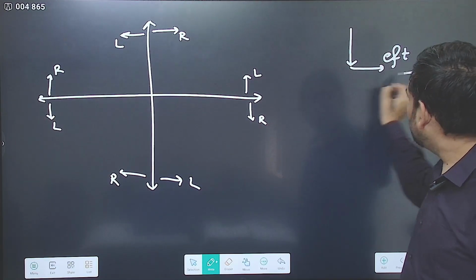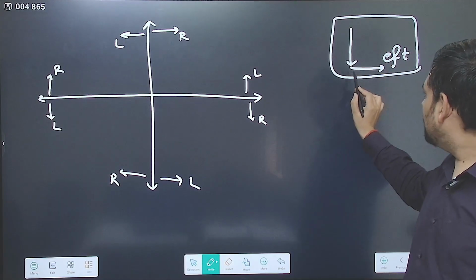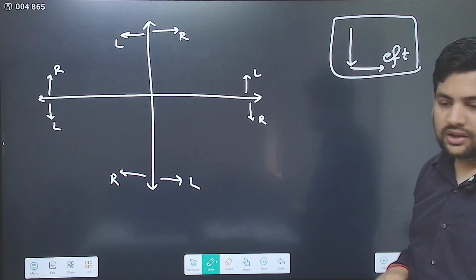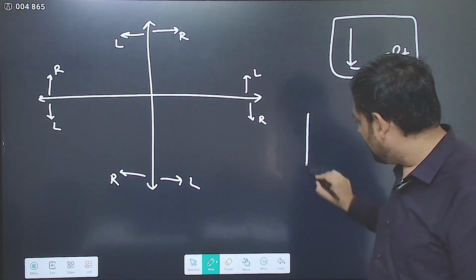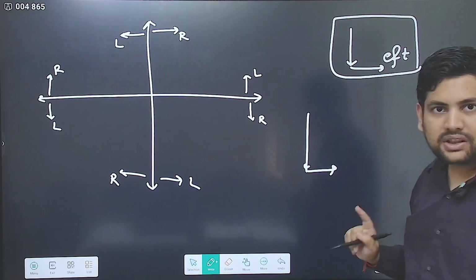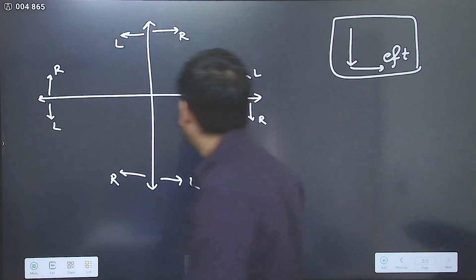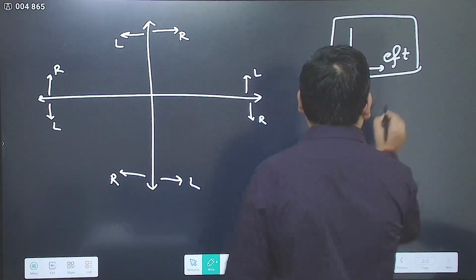So one thing you can remember like this, that is if you are going down like this, then if you have to turn left, then this forms an L. That's why I've written left. So when you're making south, immediately, left means I have to make an L, because left starts with L. That's it. So this is one diagram, and the other diagram, if you watch carefully, this is actually forming a swastika.